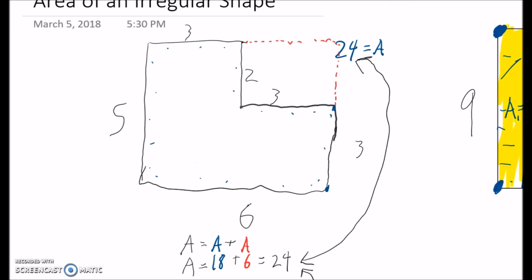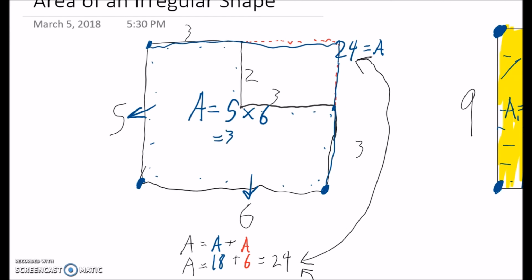So the whole thing will have an area equals side times side. So one of the big massive sides is 5 times the other of the big massive sides, bottom left, bottom right, is 6. So it extends all the way up to the top and then all the way across. So 5 times 6, what does that equal? 30.